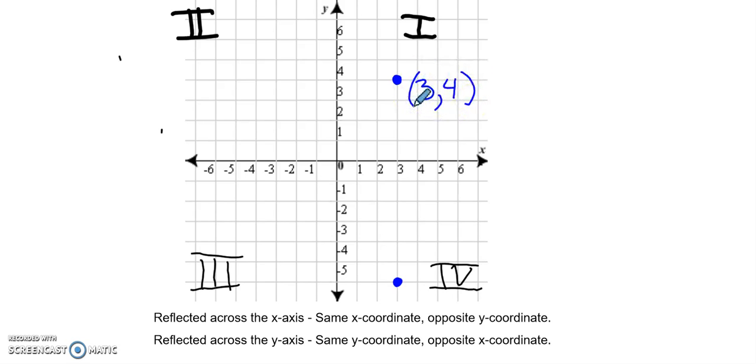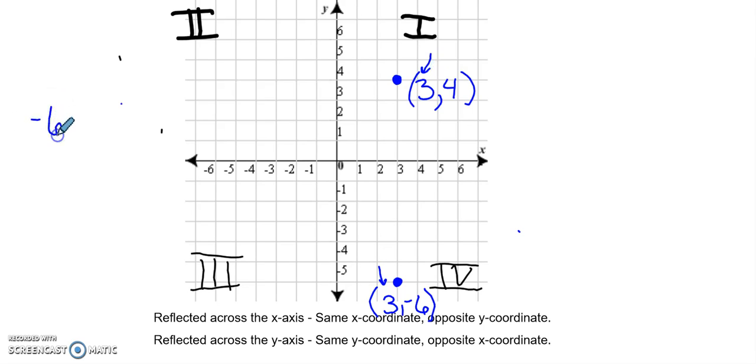This point is at 3, -6. Notice they have the same x-coordinate. That tells me that they're going to be in line with each other. One's above the other. They are also in different quadrants.